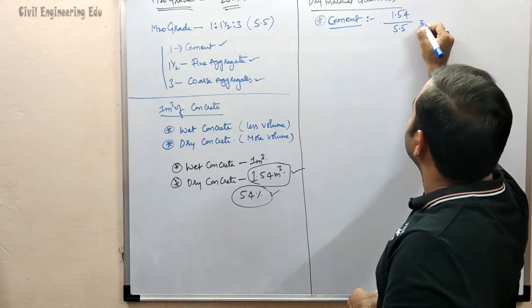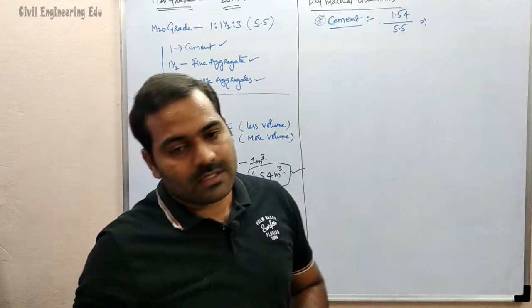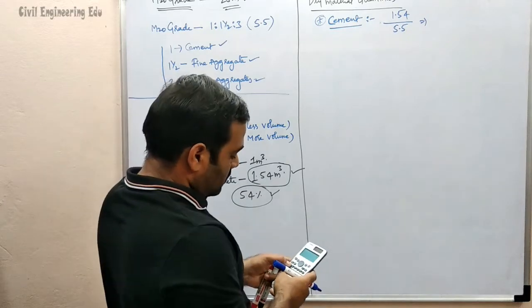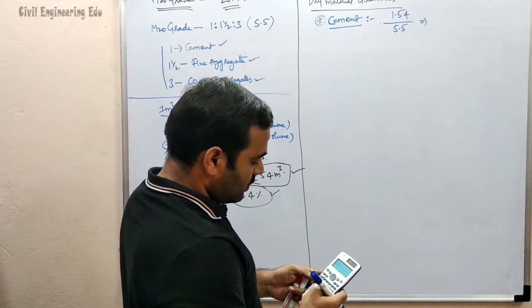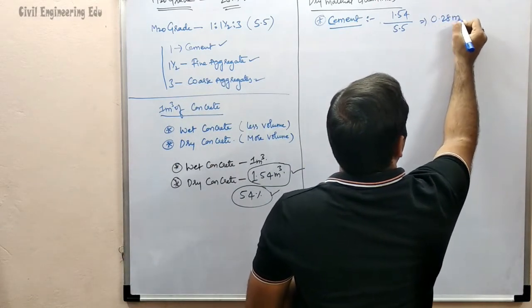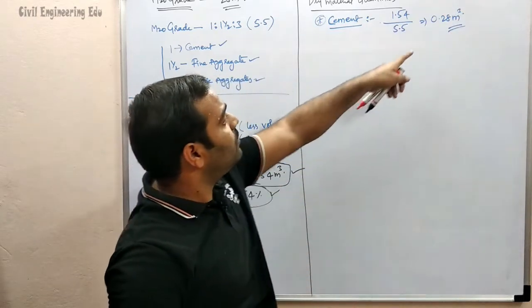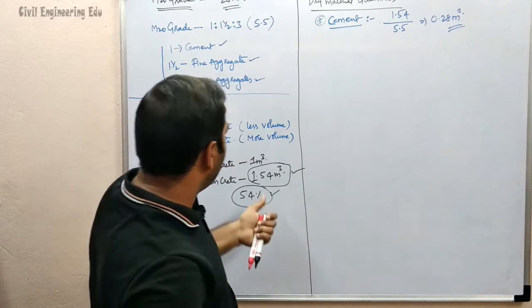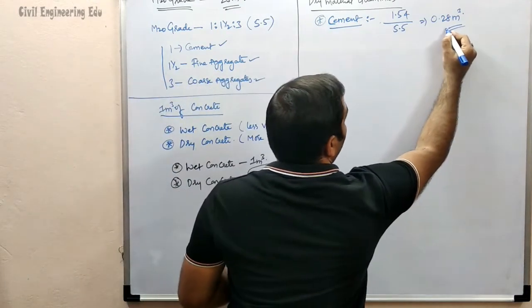So here how much we will get? It is 0.28 meter cube. So this is the volume which is occupying in 1.54 meter cube. So this is in cubic meter.